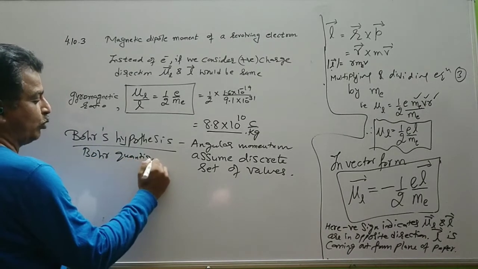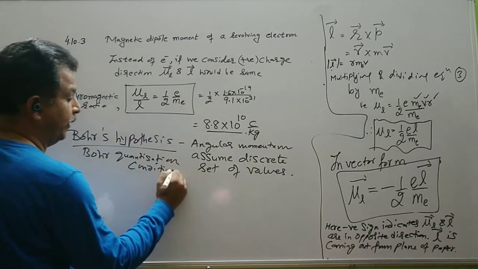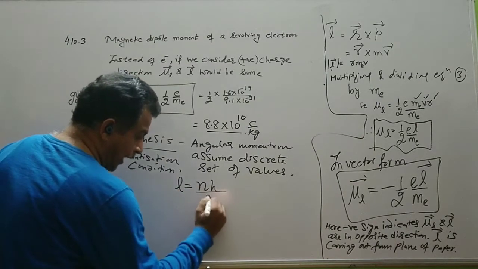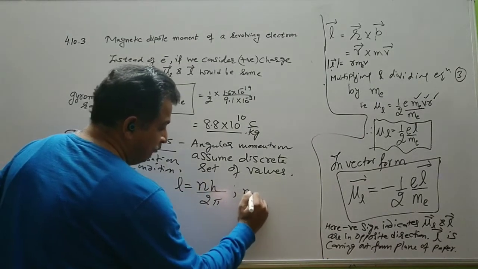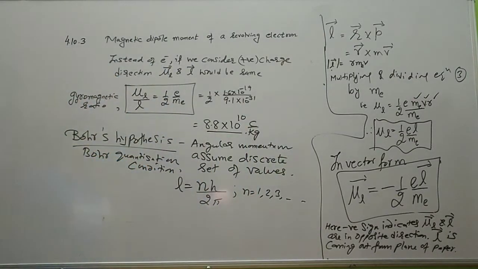Like we have a quantization of charge, here we have a quantization of angular momentum. Now according to Bohr, L is equal to nh by 2 pi, where n is equal to 1, 2, 3.